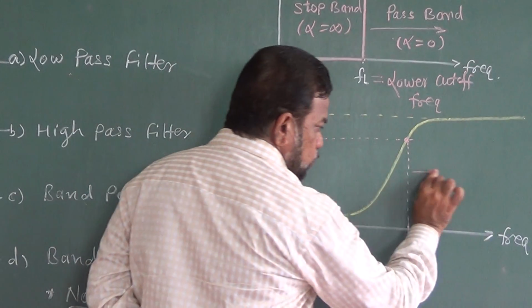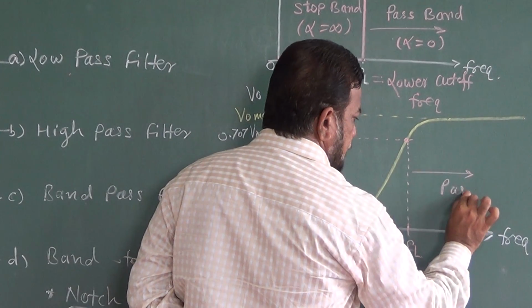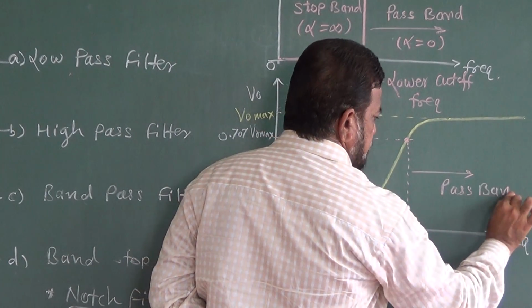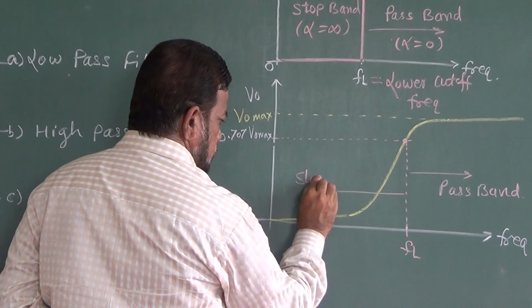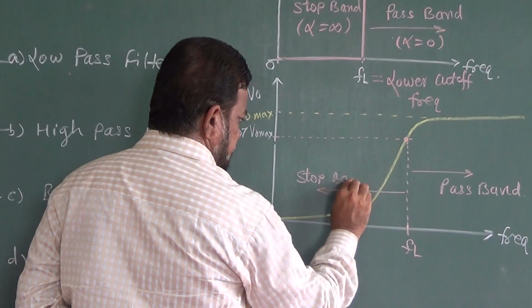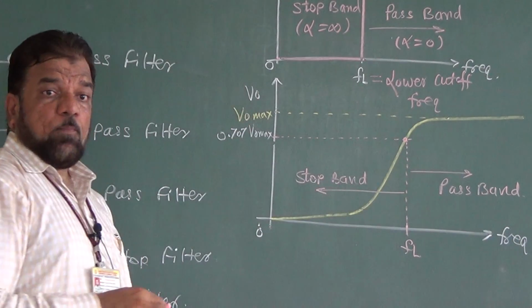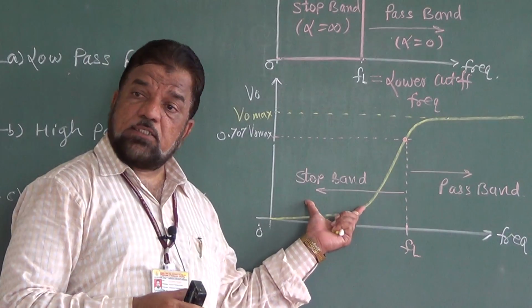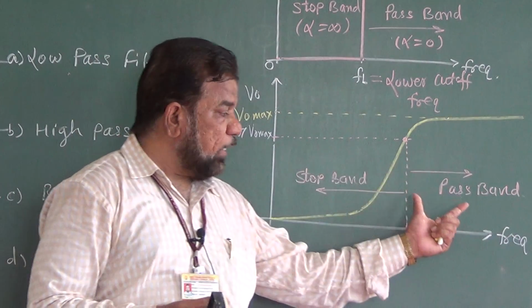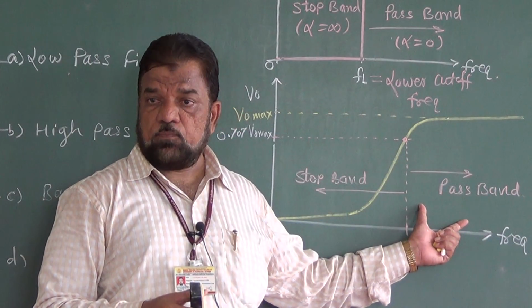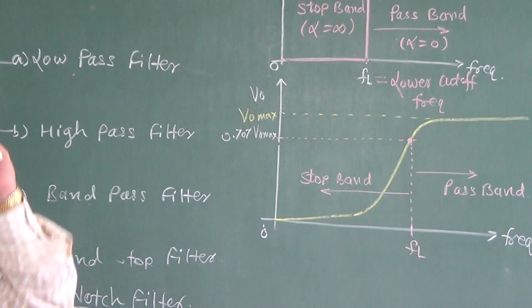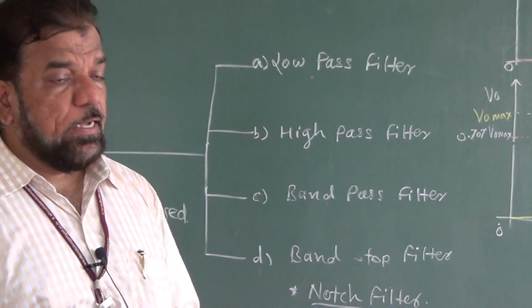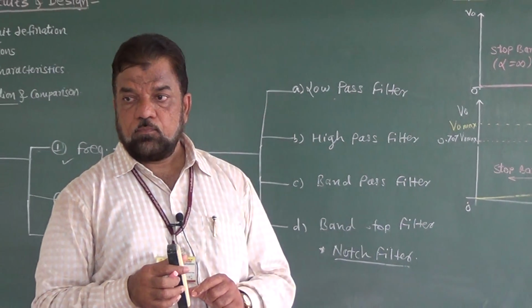Corresponding to this one you have pass band, whereas corresponding to this one you have stop band. So practically here alpha is large, and here alpha is very small. That is the basic difference between ideal response and a practical response.